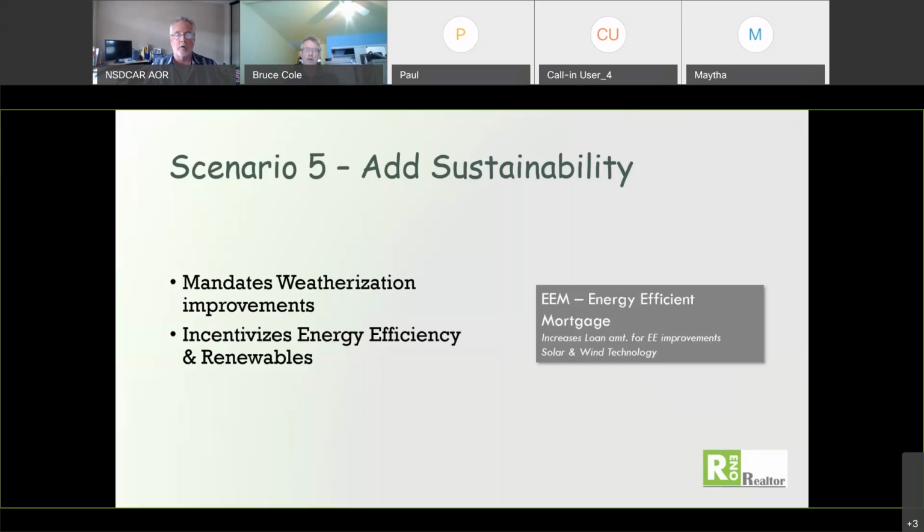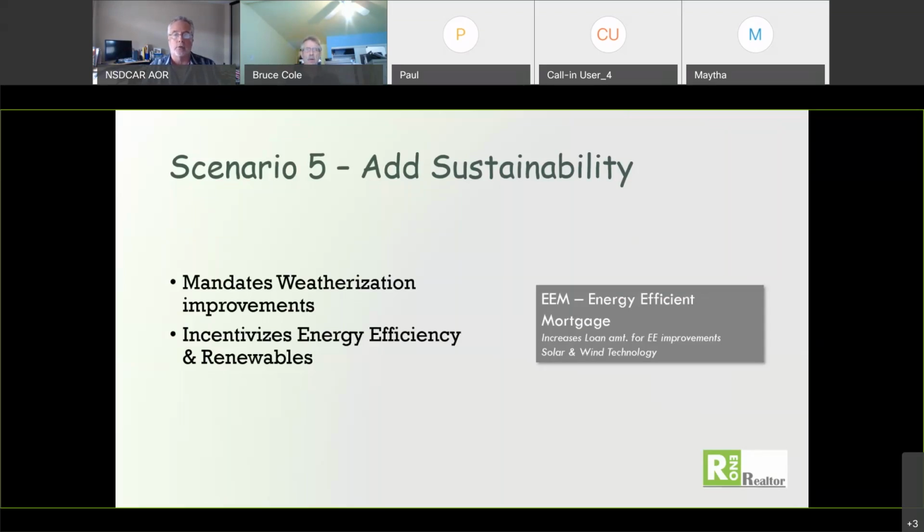So it allows them to go over what they were originally allocated in terms of loan amounts and exceed it for energy efficiency improvements. Part of the rationale is very simply: we're going to allow you to borrow more, allow you to have a higher monthly payment, because we know we're lowering your energy costs. So your energy costs are going to be lower, and they need to see that offset.